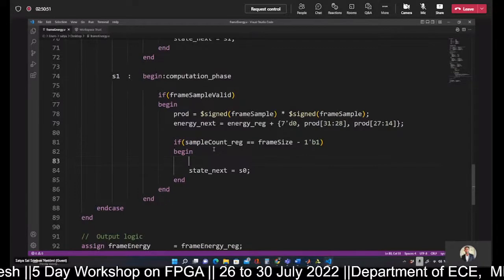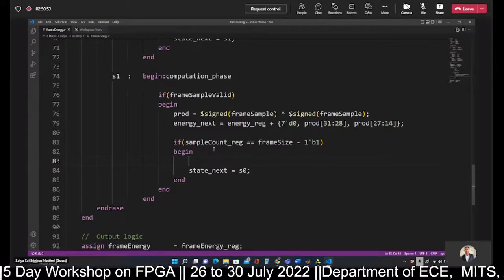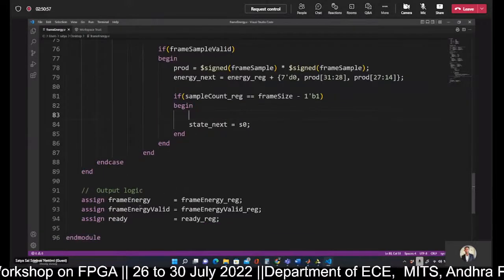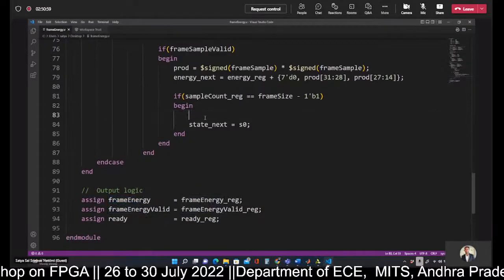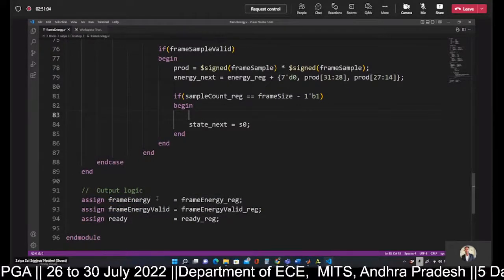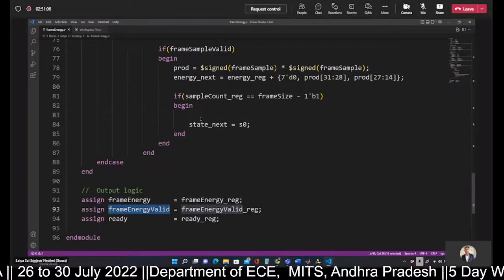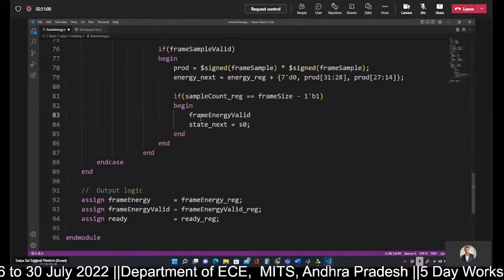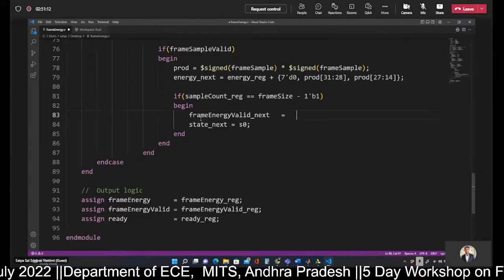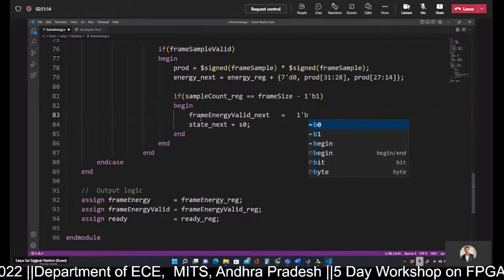And we also need to indicate that whatever output is available on the frame energy is now a valid frame energy output. To indicate that, we have to make frame energy valid high. So frame_energy_valid_next should be equal to 1'b1.